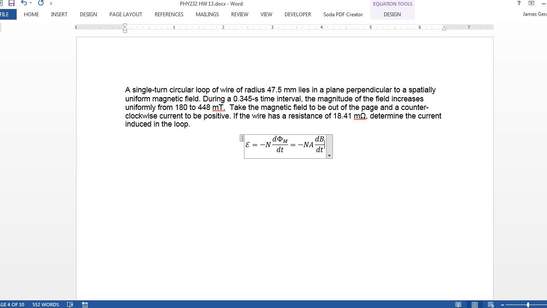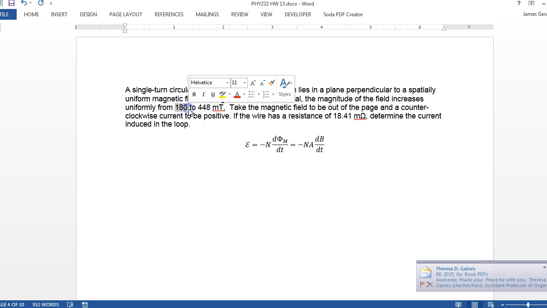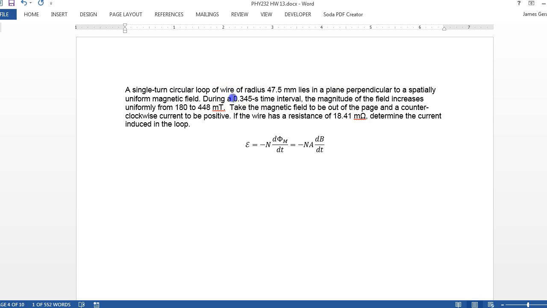Right? Since the area is constant, we can write it as A times dB/dt. And dB/dt is this final B field, 448 millitesla, minus the initial B field, 180, divided by the amount of time it changes over, right, 0.345 seconds.